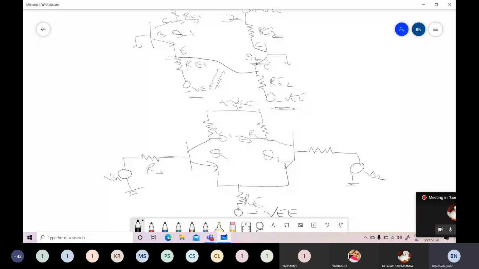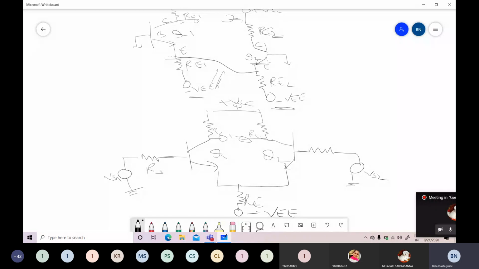So this is nothing but the construction of the differential amplifier. The differential amplifier we are seeing on the screen is a dual input balanced output differential amplifier. Dual input means this differential amplifier has two inputs, and balanced output means the output is taken across two collectors.